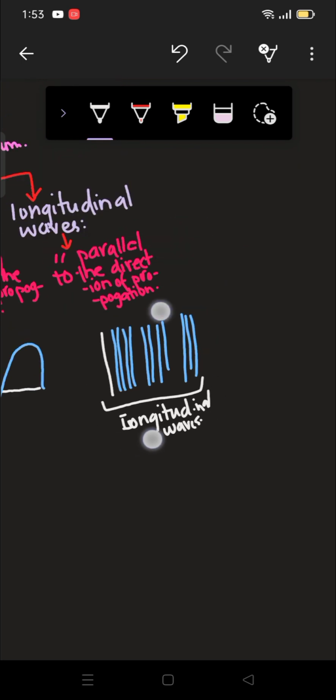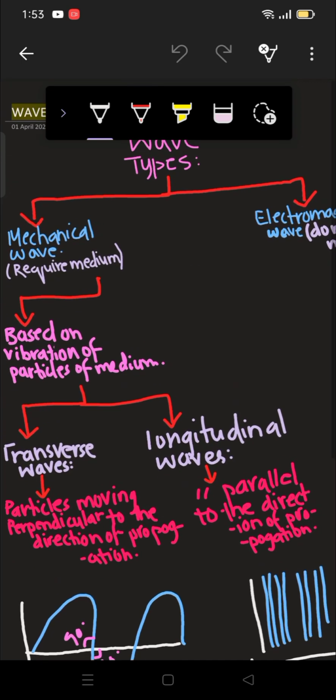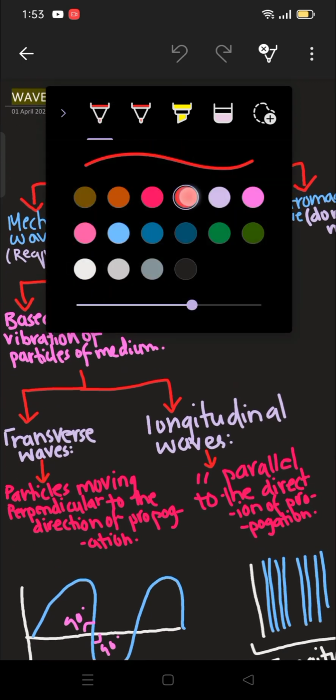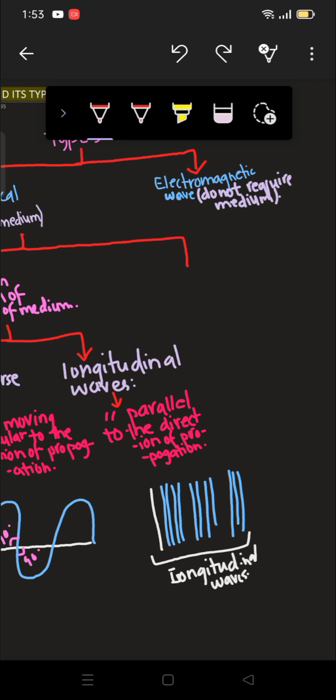Now the second type of wave, which is based on energy transfer. Here the mechanical wave has another type as well. Let me make that a little bit further.